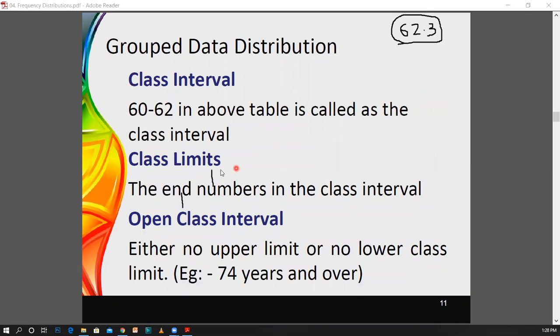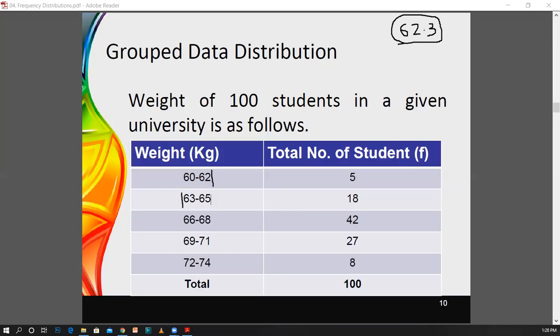Therefore, the end number of this class would not now be 62. Here it is quite like this. Think about the class you have, 60 to 62, and then you start from 63 and move up to 65. You have a gap here, so you come to the middle of this gap. We say this value is 62.5.